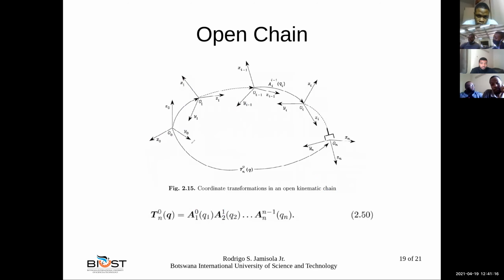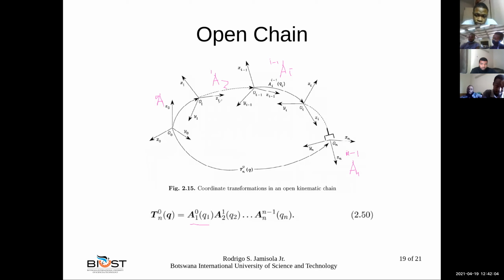So now, for example, if you have several transformations from this frame to that frame until the nth frame, you have the first transformation matrix from 0 to 1, then 1 to 2, another transformation from i minus 1 to i, and so on until the nth frame.